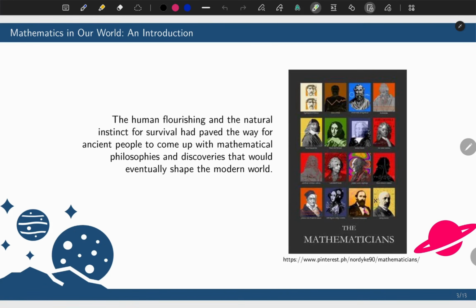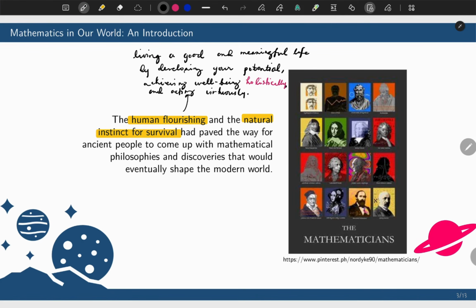Human flourishing and the natural instinct for survival paved the way for ancient people to come up with mathematical philosophies and discoveries that would eventually shape the world. Do you know what human flourishing means?